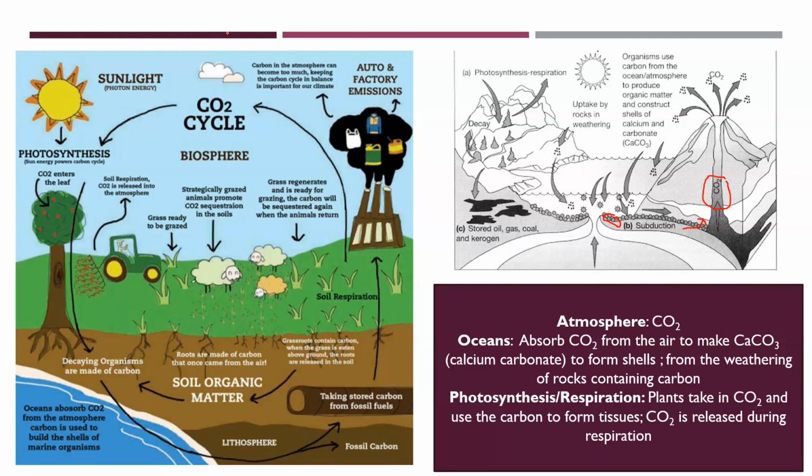Or if animals die and their bodies get broken down over time, those get turned into fossil fuels. Then those fossil fuels get turned into gas, oil, coal, and get turned back into the atmosphere. Additionally, the carbon in the soils can get compressed down into limestone, and then that can eventually get broken out through weathering and then pushed back into our ocean or back into the soils.